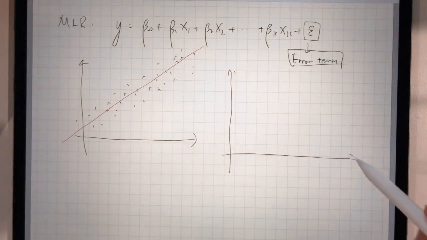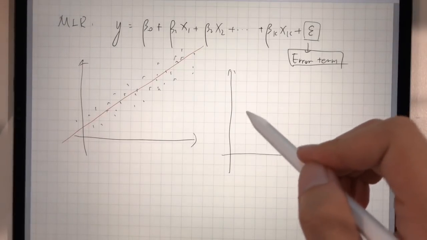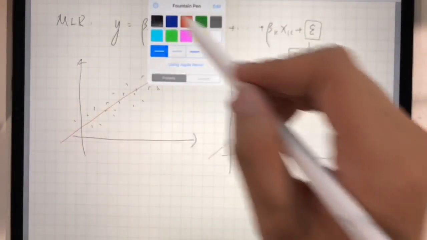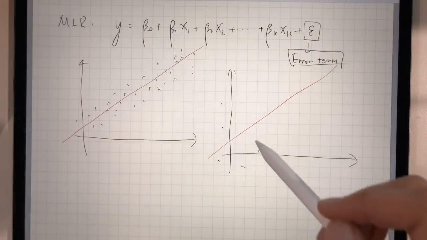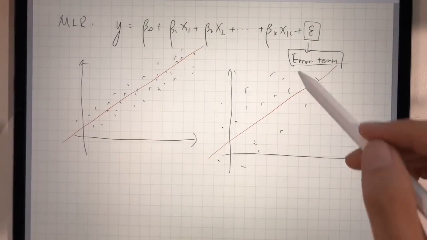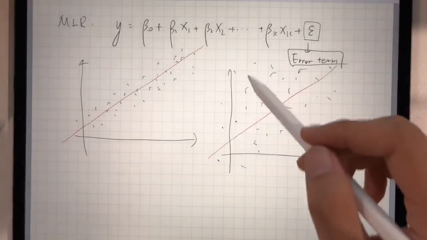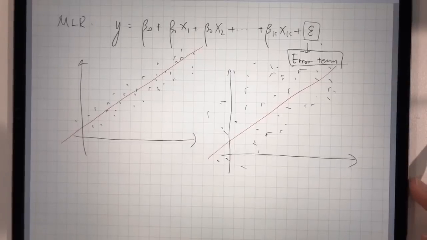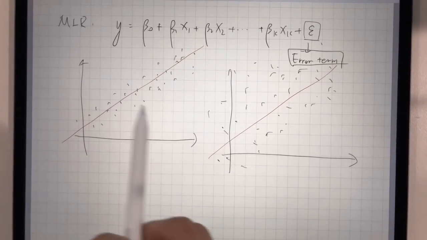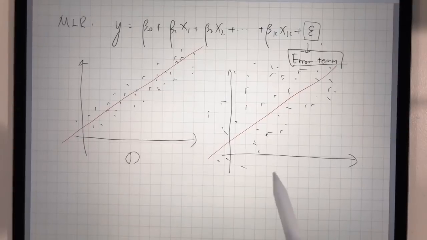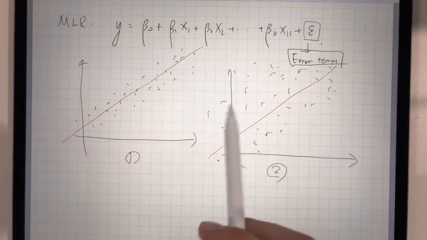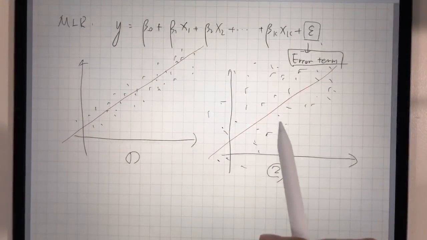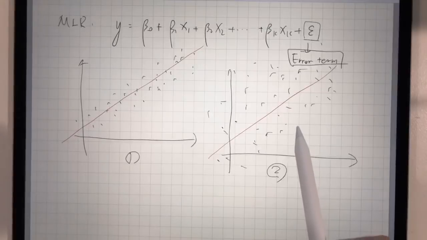In another scenario, we also have many dots. We have a straight line, right? And we have many observed points. But those observations look like that. Right. Now, you tell me, which of those scenarios, number 1 and number 2, has a larger standard deviation on the error term and which one has a smaller standard deviation of the error term?